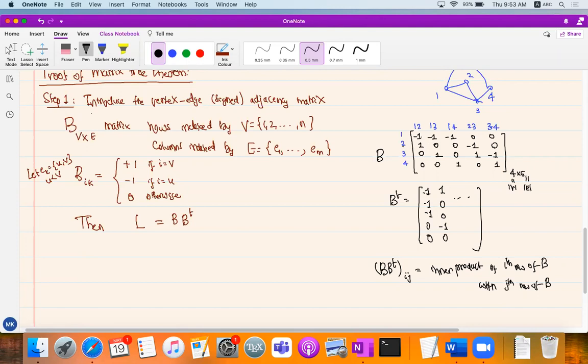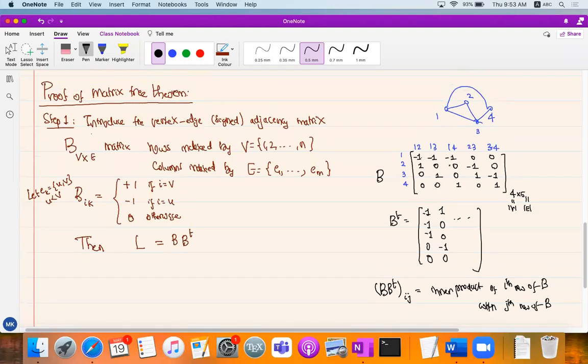For example, with 2 and 4, if you take the inner product, there is nothing common. Where there are ones in one, there are zeros in the other, so you get a 0, and there is no edge. But if there was an edge in which they were common, like 1 and 2, then there is a column in which both of them have a nonzero entry, and there can be only one such column, because each edge can connect only 2 vertices.